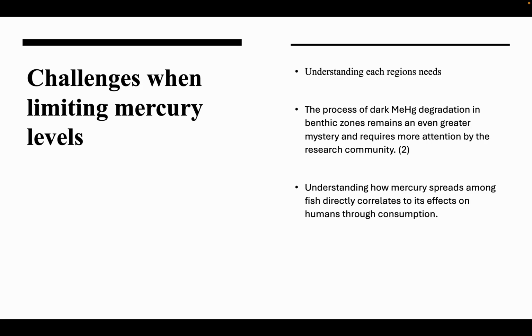I won't dive too deep into that, but it shows that there still needs to be more work done to further improve information on mercury. And we need to understand how mercury spreads among fish, as that directly correlates into humans through consumption. We will get into that later when talking about the bluefin tuna.